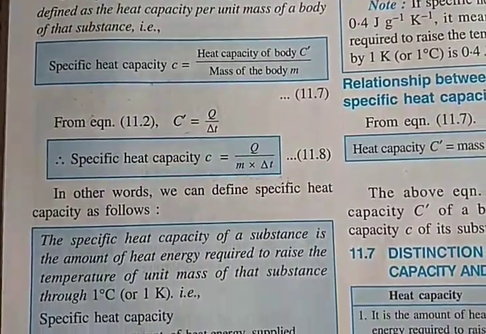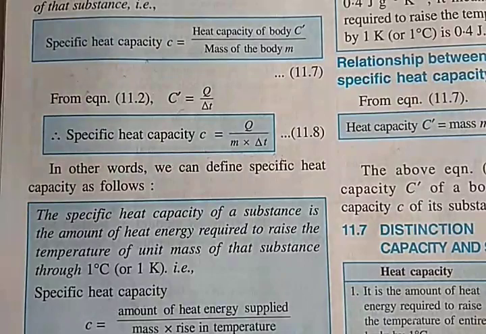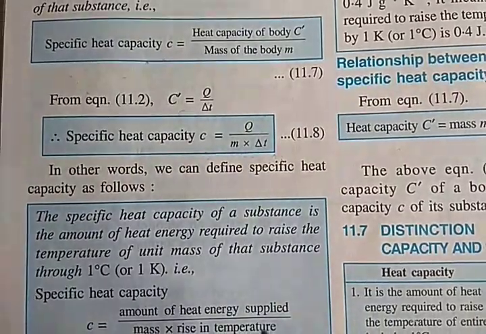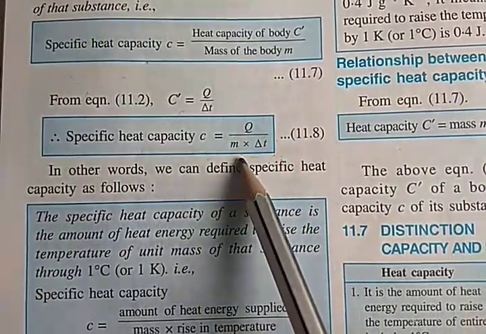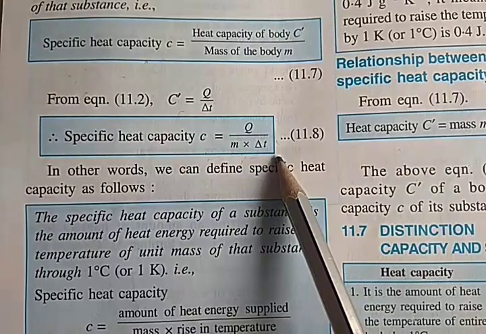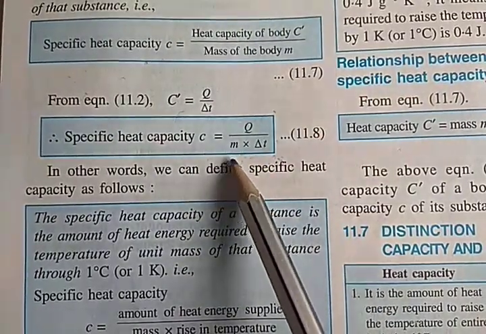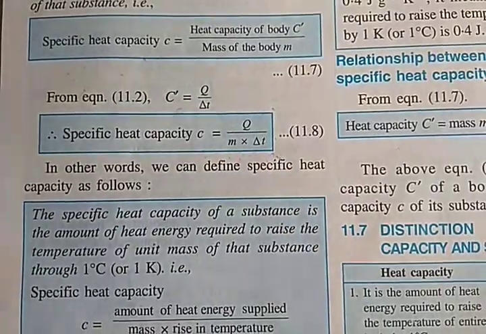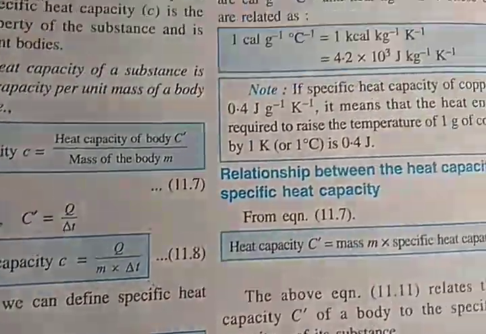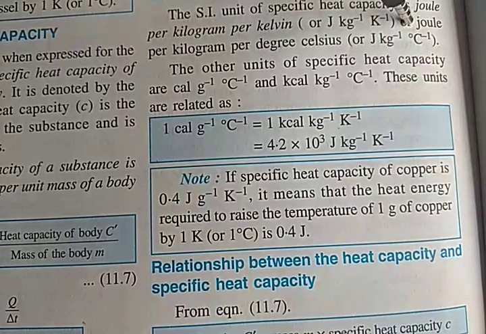What about the units? The SI unit is joule per kilogram per Kelvin. You can use another unit also, which is joule per kilogram per degree C.